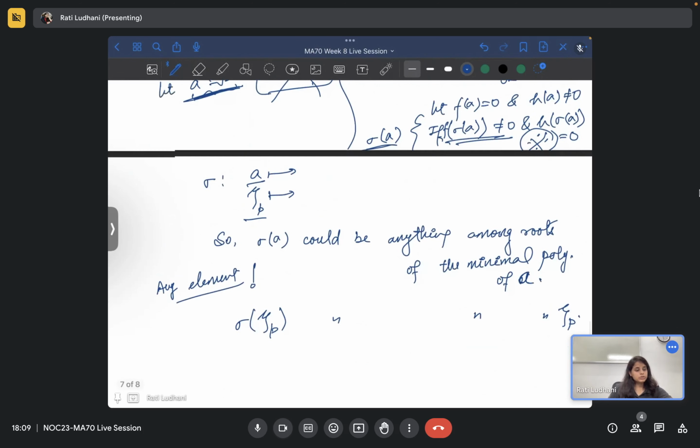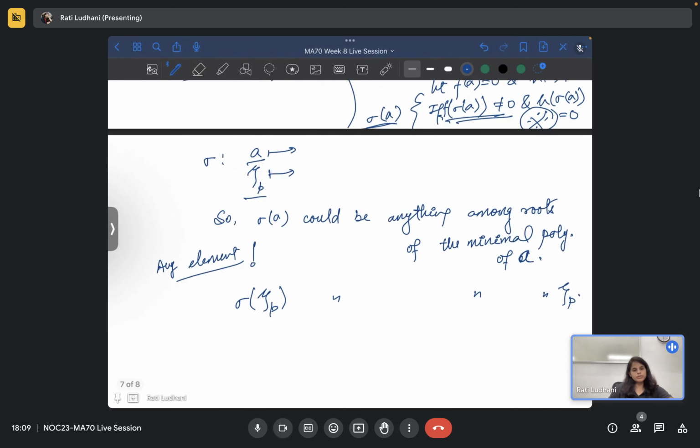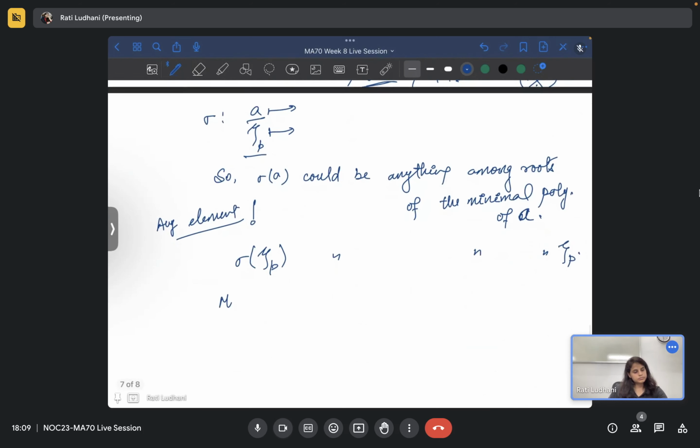So let's see what is the minimal polynomial of A over Q. Of course, we are only talking about over Q. So what is the minimal polynomial? We already have it, right?